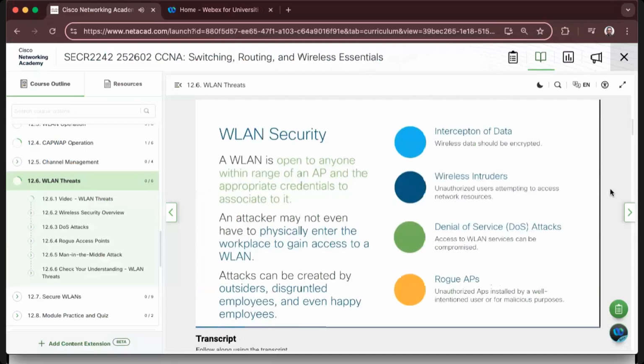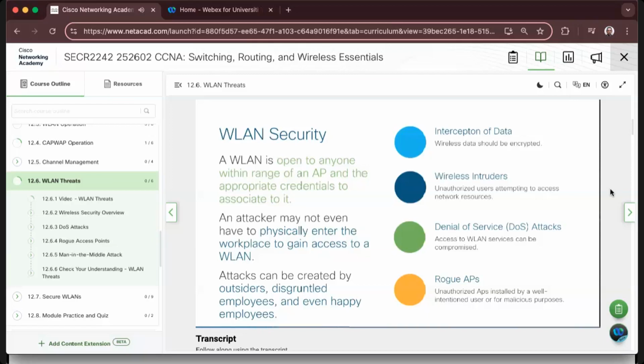Wireless data should be encrypted at all times to prevent it from being read by people who shouldn't have access to that data. Wireless intruders are unauthorized users that are attempting to access network resources, and that can be deterred by using authentication. Denial of service attackers are difficult. They try to access wireless local area network services, and compromise them accidentally or on purpose.